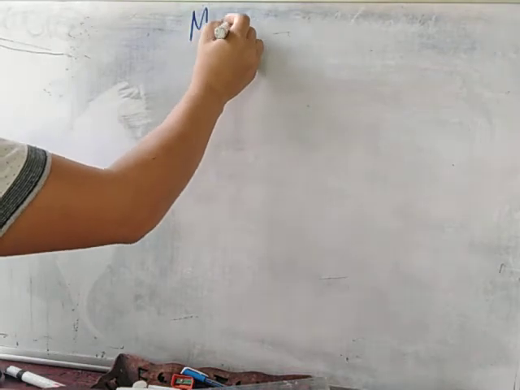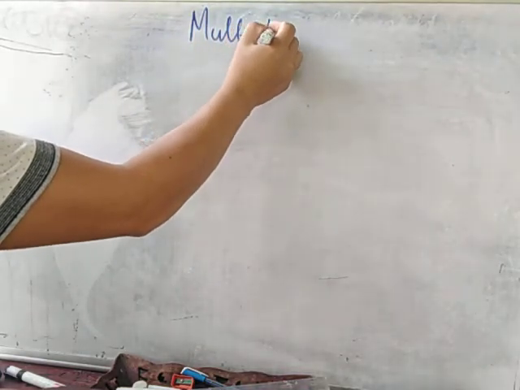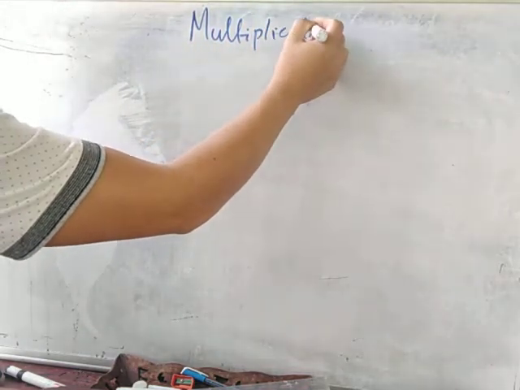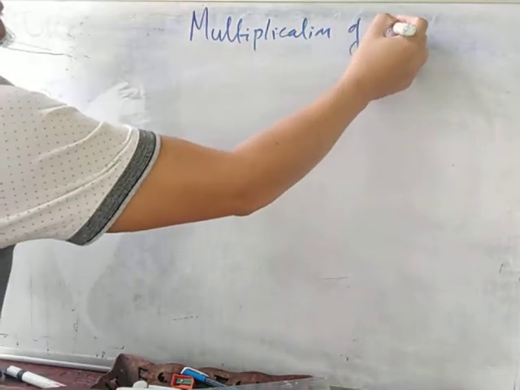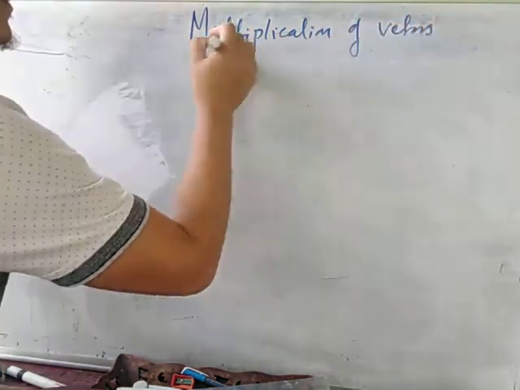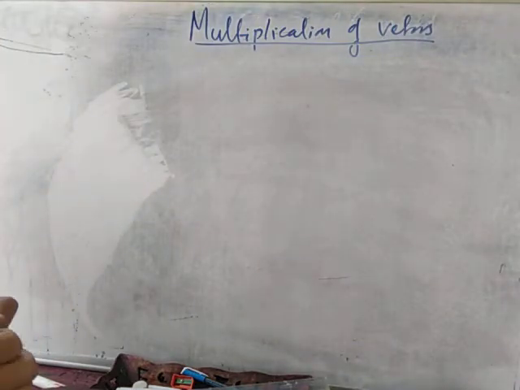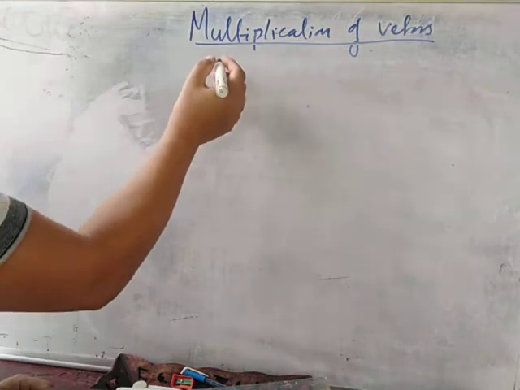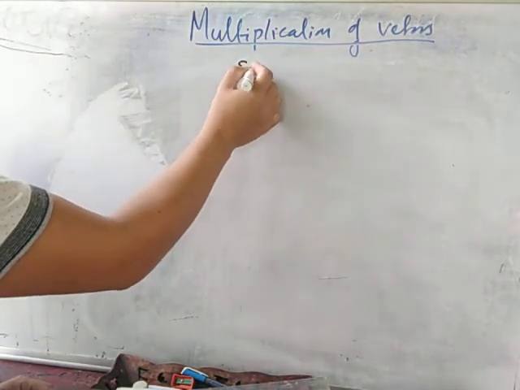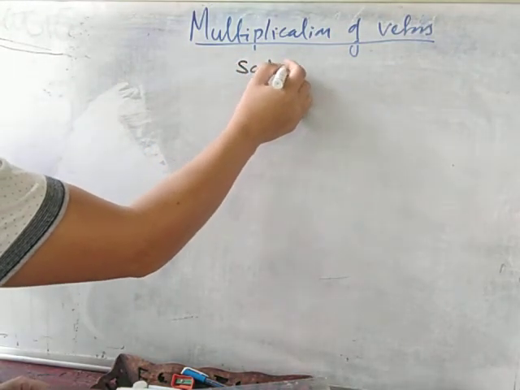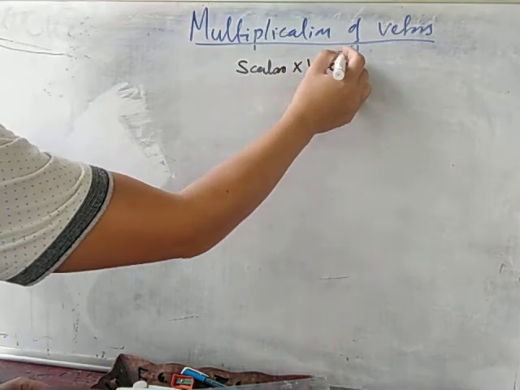Okay, write down multiplication of vectors. So in this topic we have vector multiplication like this. First, scalar multiply with vector.